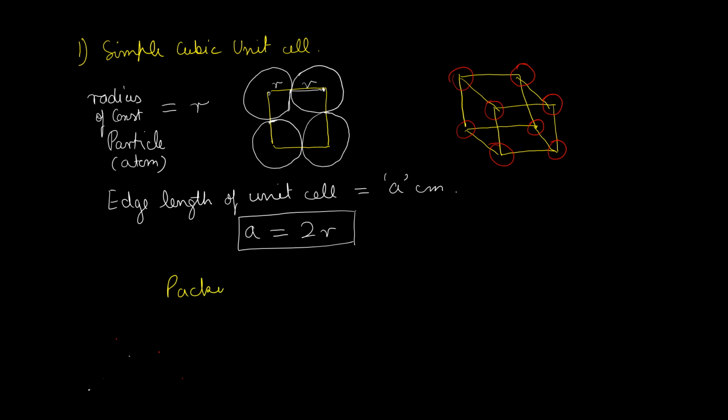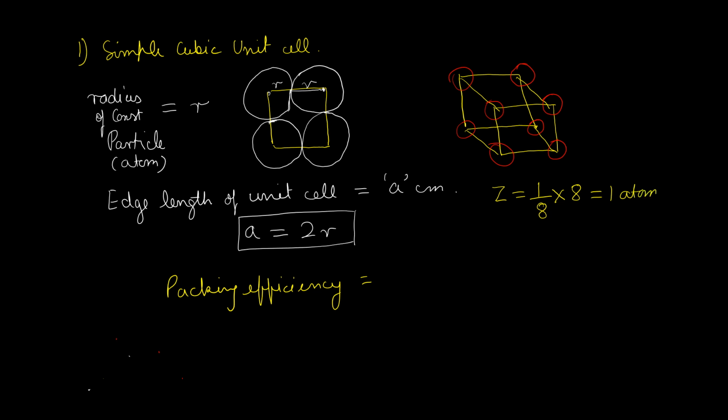So packing efficiency is equal to volume occupied by constituent particles in this unit cell. In this unit cell, we know atoms are present at the corners, and at each corner only 1/8 portion of the atom will be inside this one unit cell. So 1/8 into 8 equals 1.